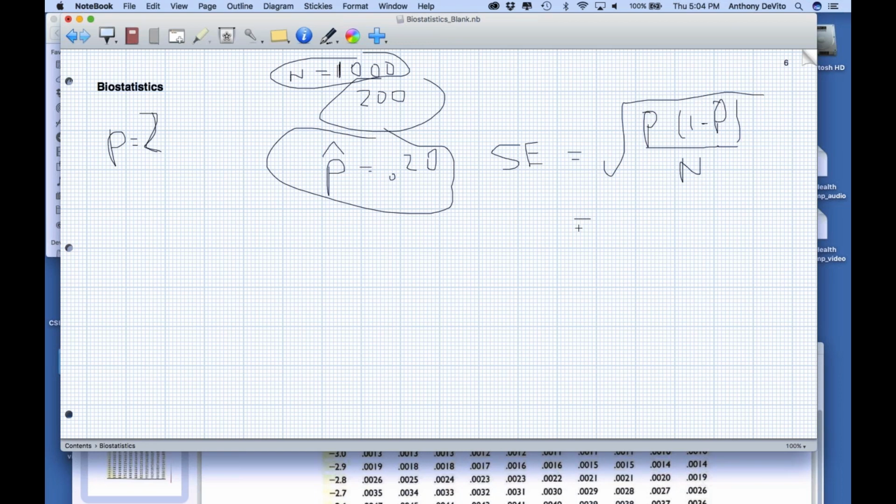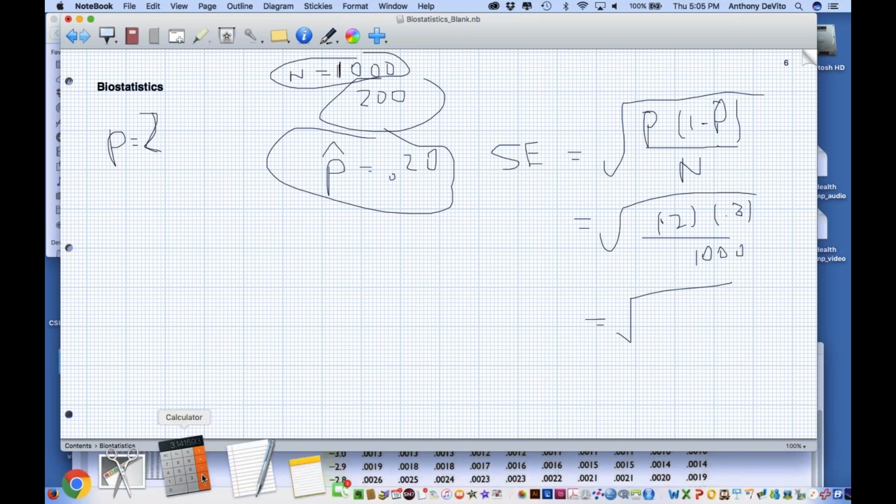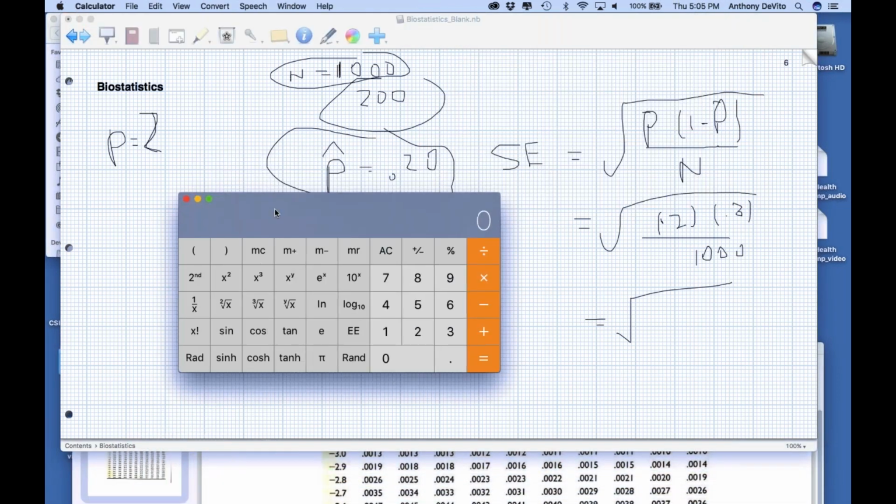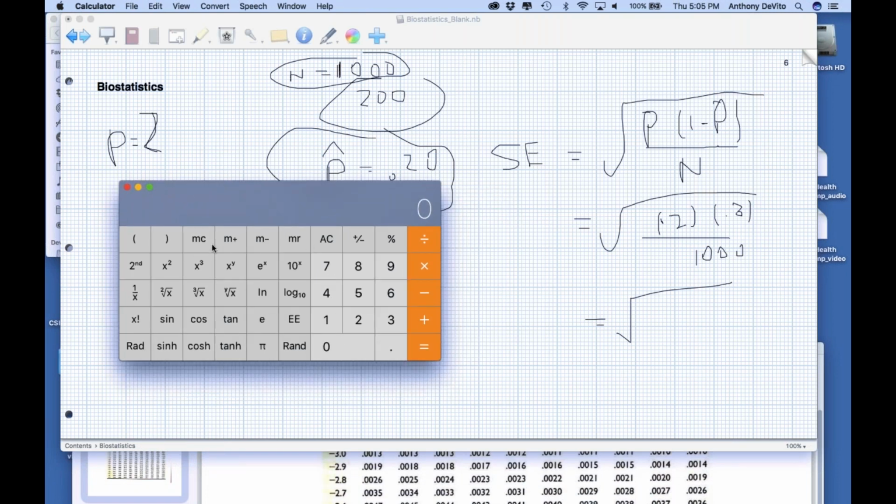So what is the standard error equal to for this problem? The standard error is equal to the square root of 0.2 times 0.8 over 1,000. Let me get my calculator out. 0.2 times 0.8 is 0.16, divided by 1,000, and I'm going to take the square root of that.